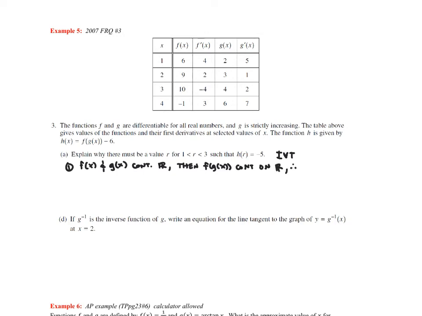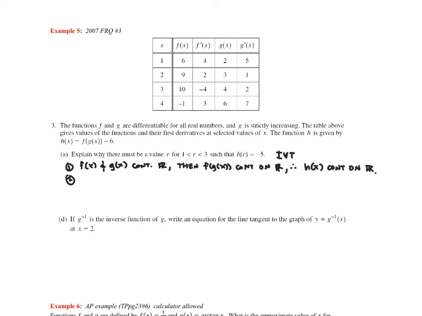Therefore, h of x is continuous on the real numbers and thus on the interval from 1 to 3. So we know that h of x is continuous. That was the first thing we needed to show to use the intermediate value theorem.